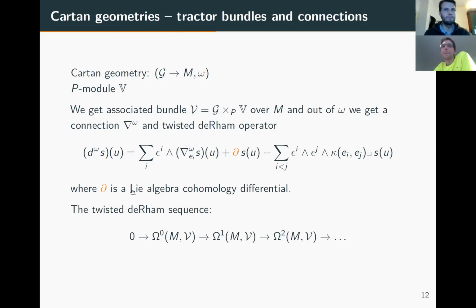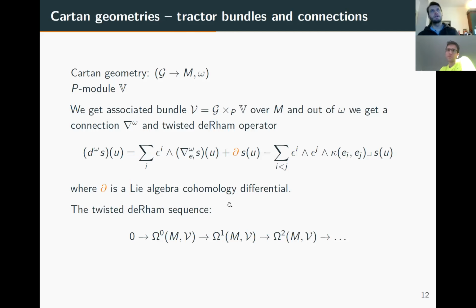Anyway, you obtain this twisted de Rham sequence, but it is no longer a complex, because this nabla doesn't have to square to 0. This nabla squares to the curvature: d_omega squared is just the action of the curvature of nabla omega on the sections.